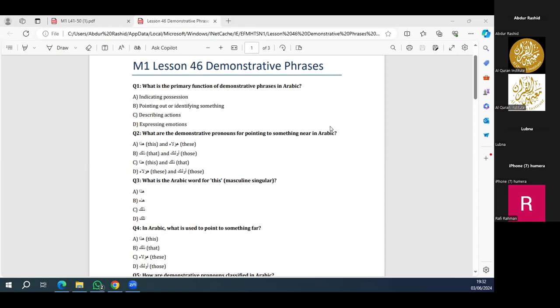Bismillahirrahmanirrahim. The first question of lesson 46. What is the primary function of a demonstrative phrase in Arabic? A, indicating possession. B, pointing out or identifying something. C, describing action. D, expressing emotion.